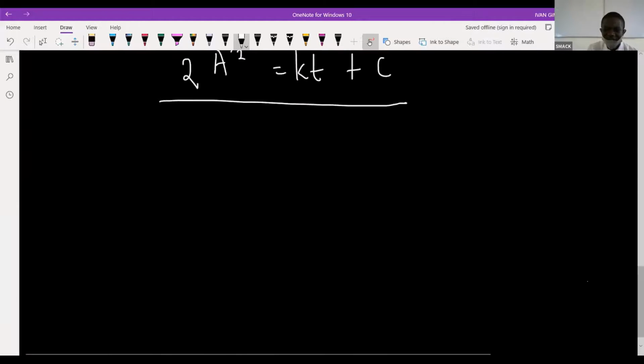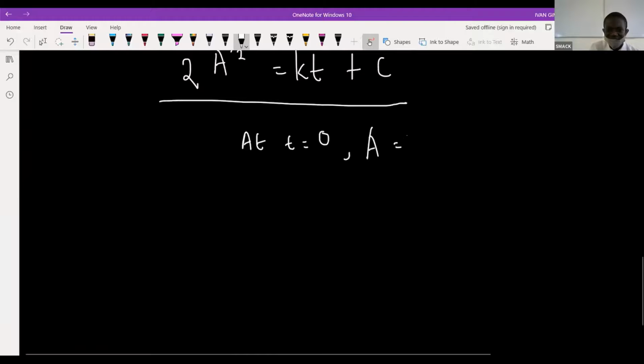So at t equal to 0, our A is equal to 0.25 meters squared.